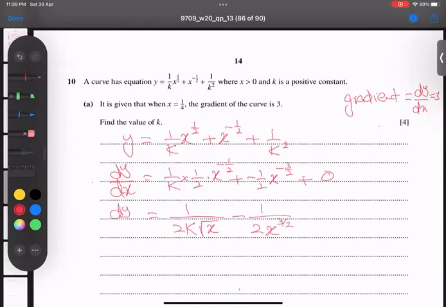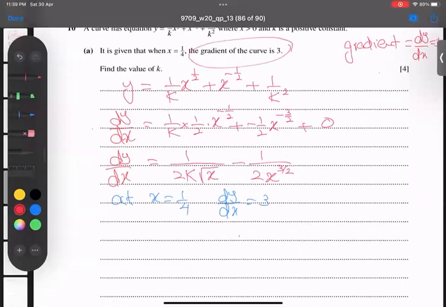And here I have a derivative. According to the criteria, I will put two things here. At x equal to 1/4, dy over dx, I will plug in 3, because he mentioned that the gradient of the curve is 3 when x is 1 over 4. So I'm putting 3 equals 1 over 2k times 1 over root of 1/4, minus 1 over 2 times 1 over 4 to the power 3 by 2.